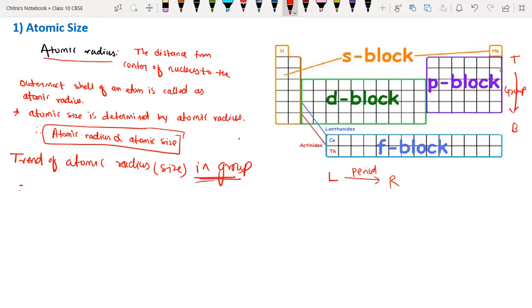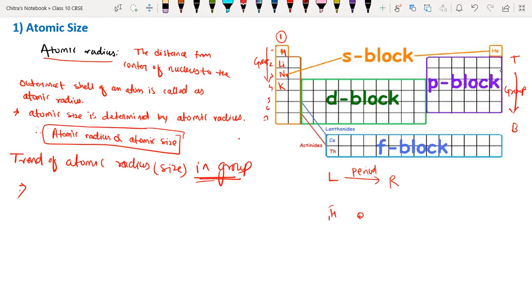I'm discussing the first group. The first element we have is hydrogen, then lithium, then sodium, and likewise potassium, as we move top to bottom in a group. This is the first period, second, third, fourth, fifth, sixth, and seventh. Hydrogen has only one electron, so it requires only one shell.